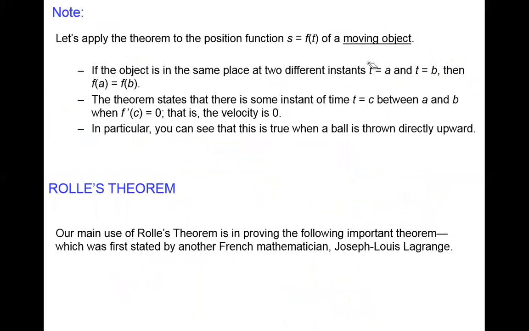We can say that if the object is in the same place at 2 different instants of time, at A and B, which means the values f of A and f of B are the same, this theorem states that there is some instant of time c between A and B where the derivative, which means velocity, is 0.